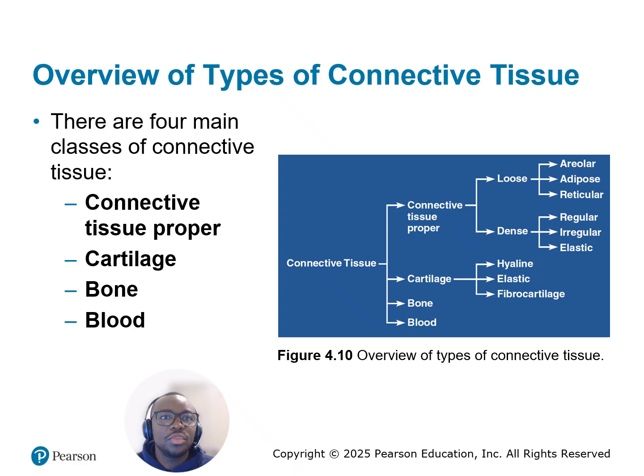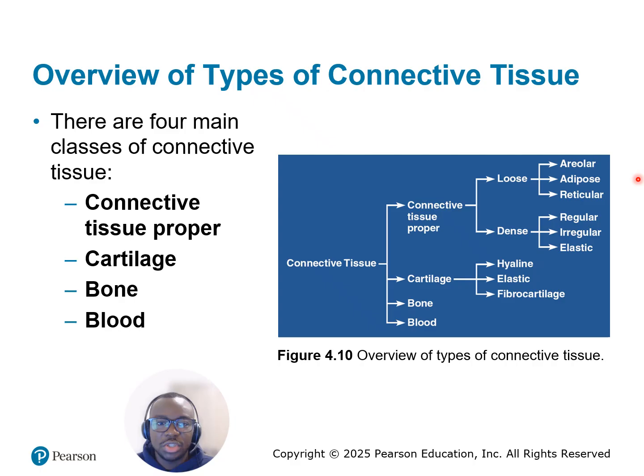This is an overview of the types of connective tissue. Connective tissue consists of four main categories: connective tissue proper, cartilage, bone, and blood. Connective tissue proper contains two subcategories: loose connective tissue and dense connective tissue.